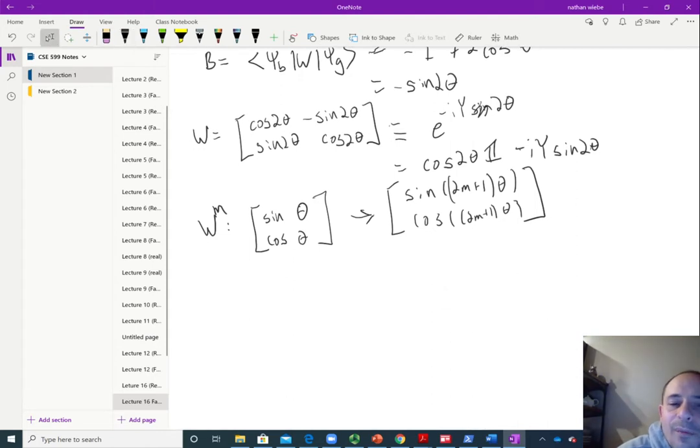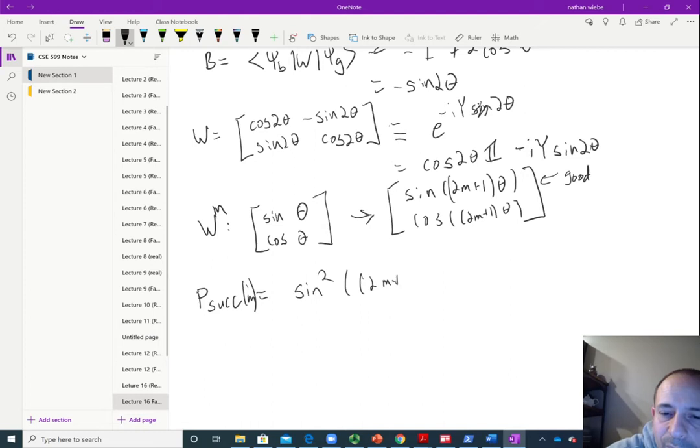Okay, so that means that the probability of successfully measuring a vector in good is equal to sine squared, and this is at m iterations, of 2m plus 1 theta. Okay, awesome. And so therefore, if we want to figure out what the value of m is that we should pick, we would like this probability of success ideally to be as close to 100% as we can get.